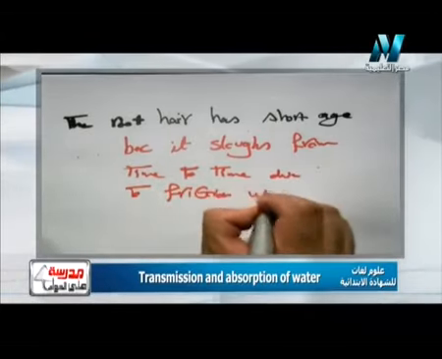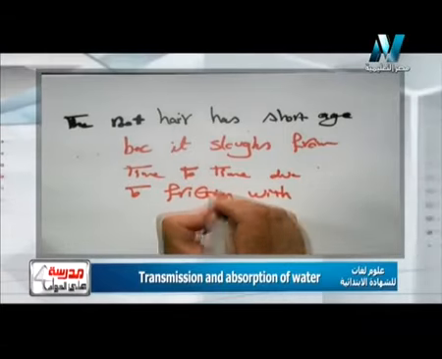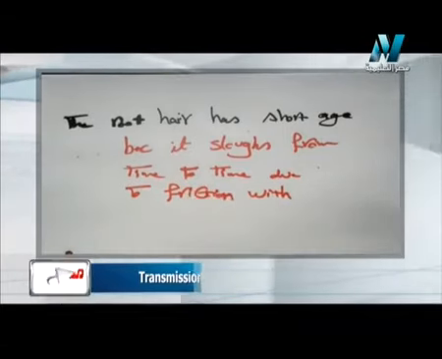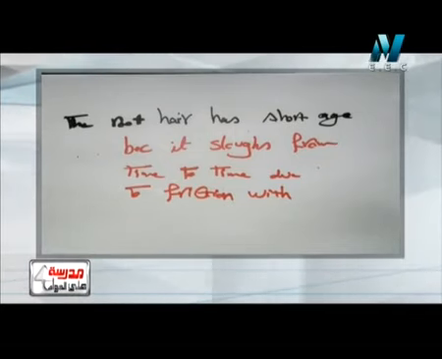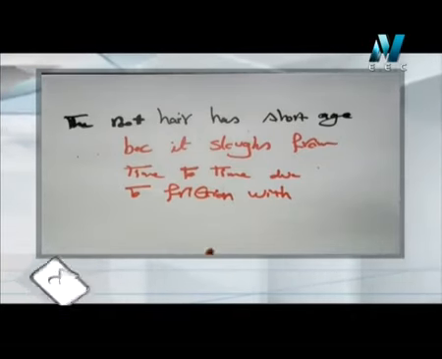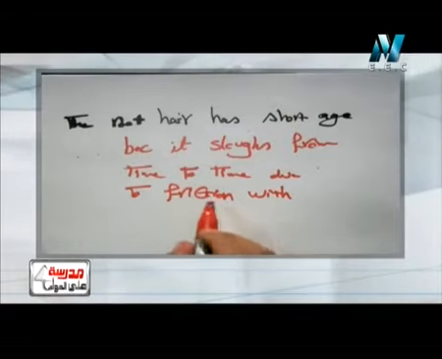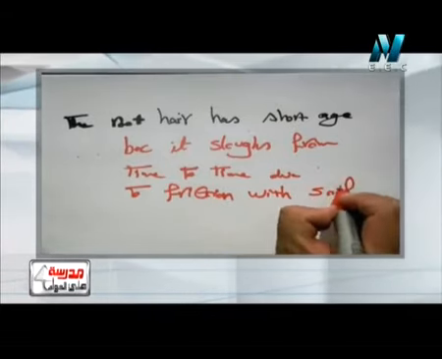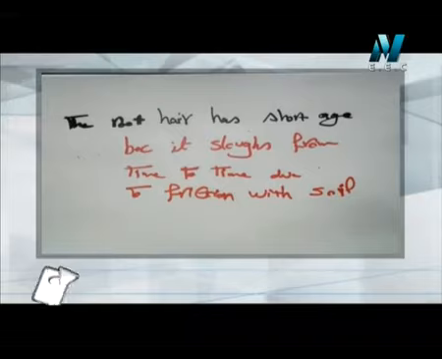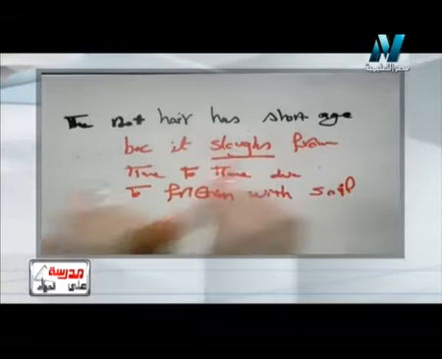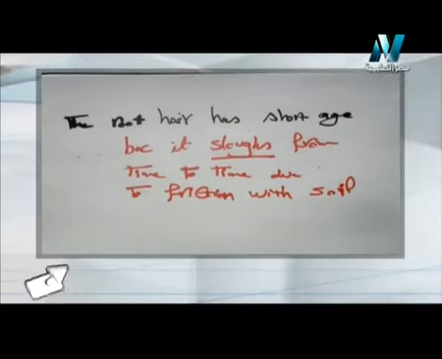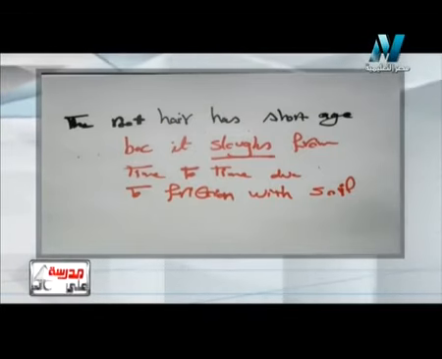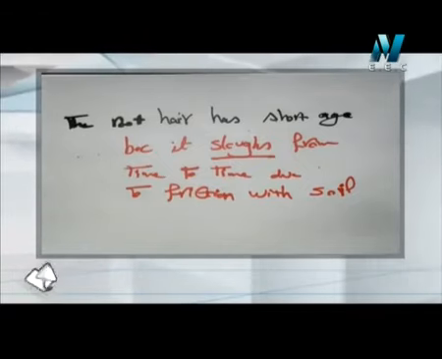Because it's vulnerable, and it renews itself from time to time. Fragile. Yeah. So due to the friction with the soil, it sloughs, and it has a short age for this reason. Again, the root hair has short age because it sloughs from time to time due to the friction with the soil.